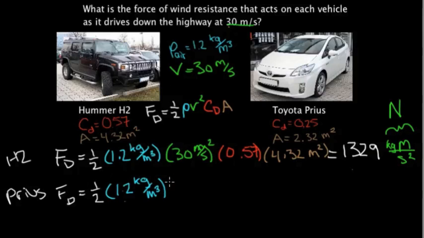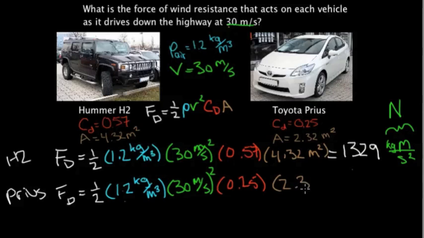Then we have 30 meters per second squared, because they're both going at 30 meters per second. Now this is where it gets different. Here we're going to have a different coefficient of drag. The coefficient of drag here is 0.25, again unitless, and the area of this Prius is only 2.32 meters squared.